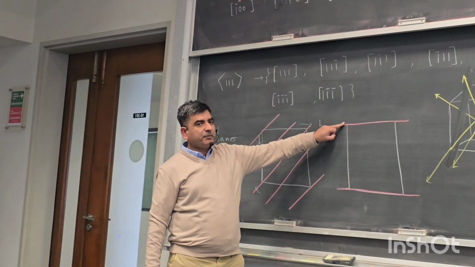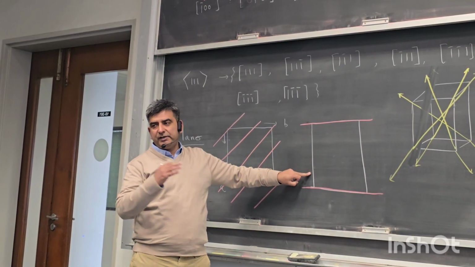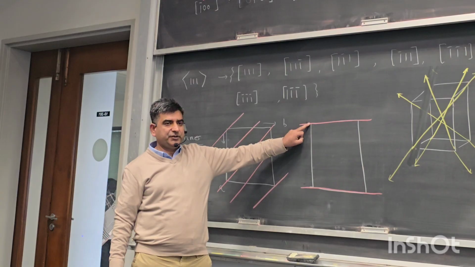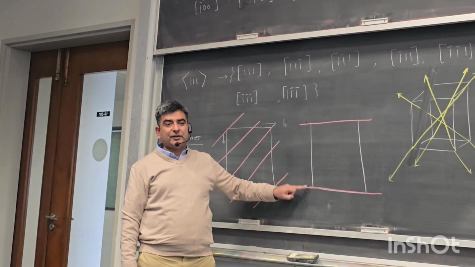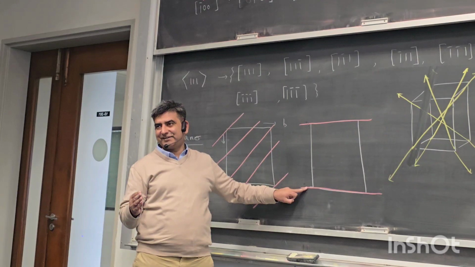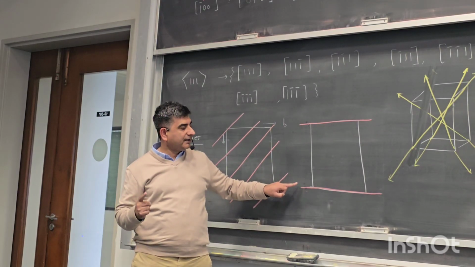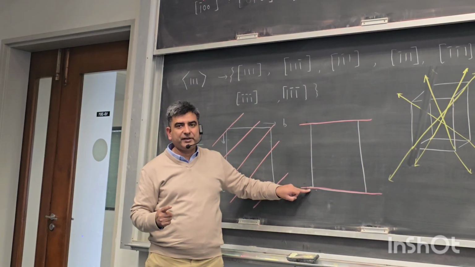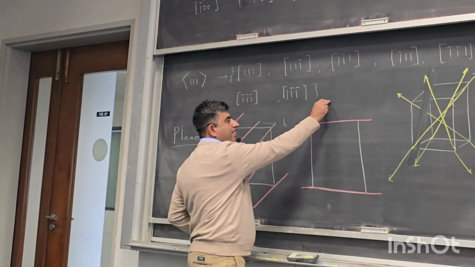So if I move from the origin along A and I traverse one complete unit translation, I see along A one crossing. That is, this plane crosses me. As I move from here to here, I see it crossing once. So I write 1.